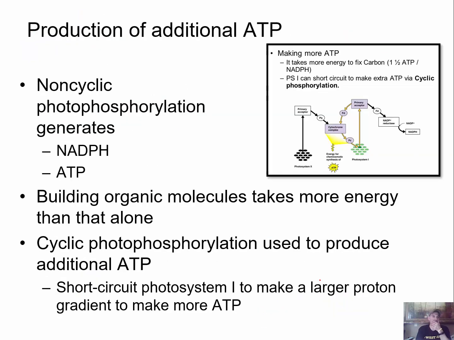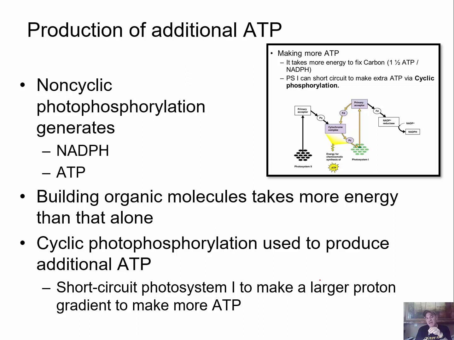Overall, the process we've been describing is non-cyclic. However, this non-cyclic process actually does not produce enough ATP to reduce a molecule of carbon dioxide.